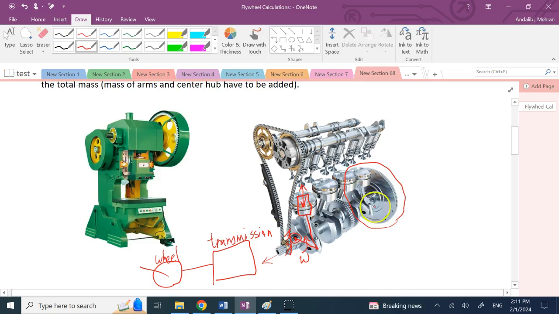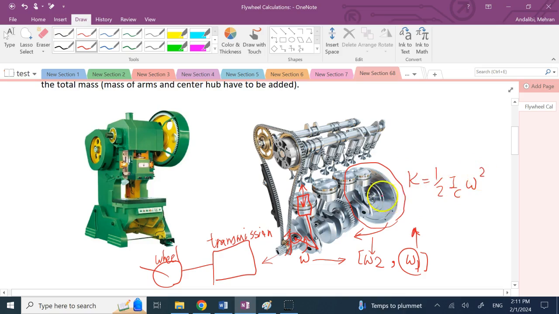So the goal of this flywheel is during a cycle, when this omega changes between some minimum and some maximum, which we're going to show by omega 2 and omega 1, where omega 1 is like omega max and omega 2 is omega min, then when it goes down, it basically releases some of the kinetic energy that it stored when it was going up. And that kinetic energy again is what? 1/2 I about the center of it times omega squared.